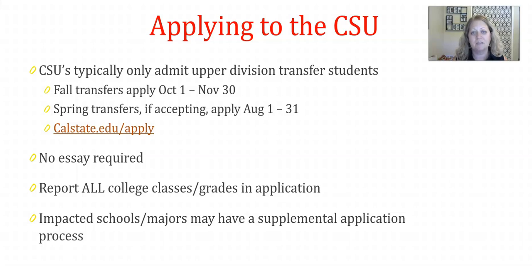Many times the system starts to run a lot slower the closer we get to the 30th. For example, last year I had a student, she was a reentry student. She had attended like 3 or 4 different community colleges. She had to enter all of her coursework and the system kept crashing on her. It was very slow. So I recommended she get up early in the morning and input that information.